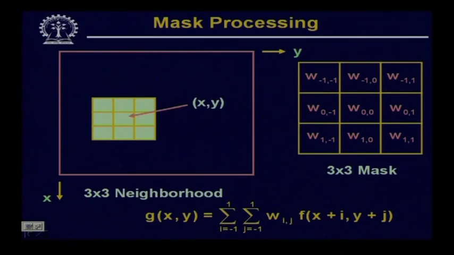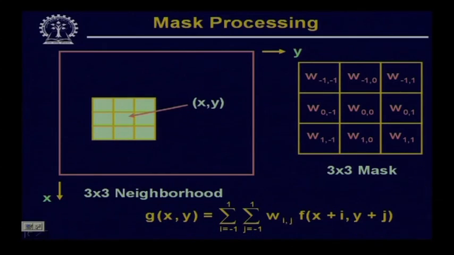For mask processing, we also have to define a 3 by 3 mask, and on the right hand side of the figure we have defined a mask where the values are represented as w minus 1 minus 1, w minus 1 0, w minus 1 1, w 0 minus 1, w 0 0, w 0 1, w 1 minus 1, w 1 0 and w 1 1. These values are also known as coefficients, which are present in this 3 by 3 mask.